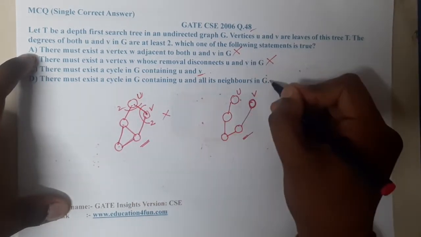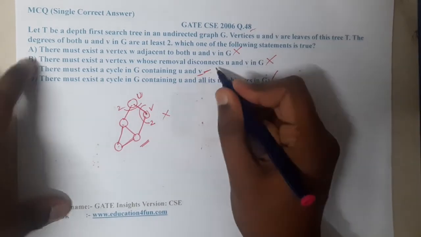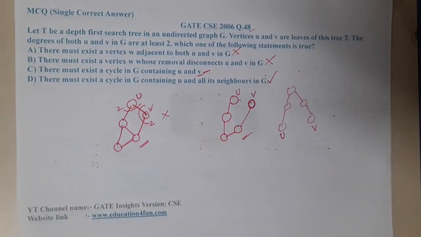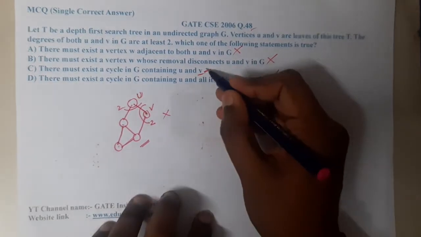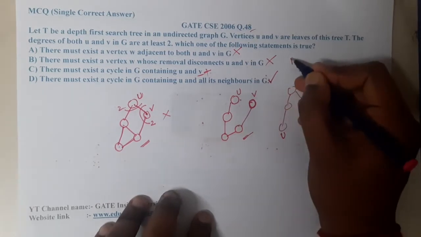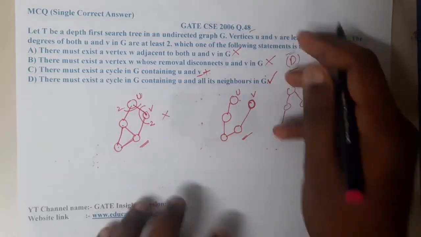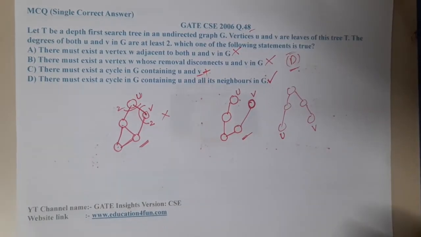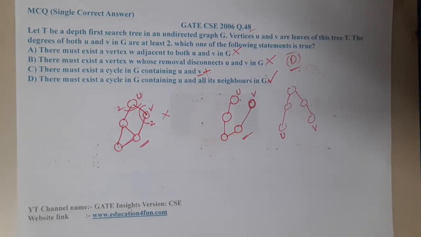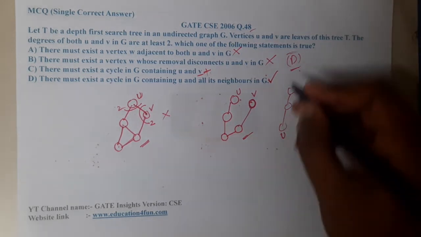So I think this option makes more sense than option C. If you want, you can check one more example, but mostly option D should be the answer, because here we are talking in terms of graphs and trees, and the question might be a bit complex if you take more and more examples. Let me cross-check the answer. Yes, option D is the correct answer.